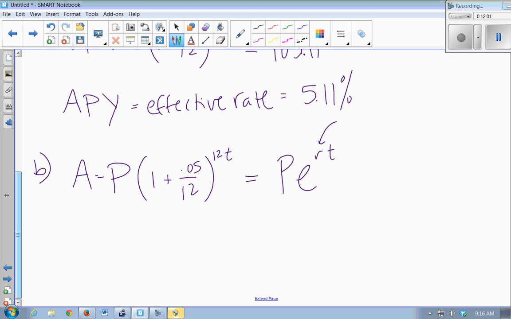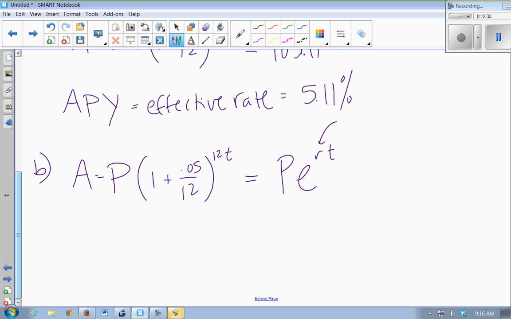What continuous growth rate is the same thing as a 5% growth rate compounded 12 times per year? So what continuous growth rate would make a bank that offers something compounded continuously the same as a bank that offers 5% compounded monthly? What interest rate would make these two accounts have the same APY, the same effective rate?